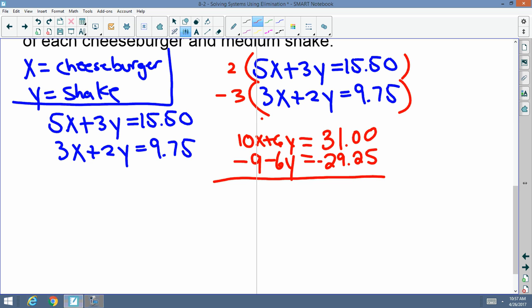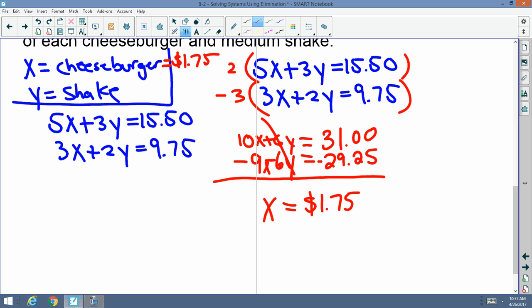So let's do it. And that's an x. So that's x equals $1.75, right? So it's $1.75 for each cheeseburger. Yeah, not bad. Maybe it's a crystal burger or something, you know, a little thinner. That's like, it's not even a burger.